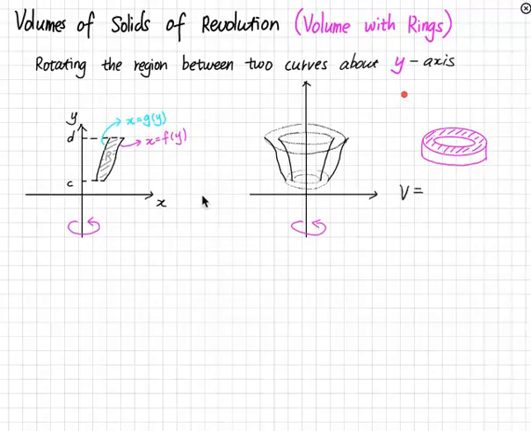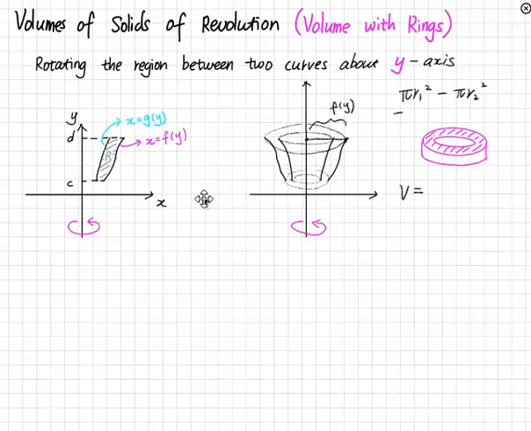The cross section is the big circle area minus the small circle area. The big circle's radius is represented by the horizontal length from the y-axis to the edge of the right-hand side curve, so this is f of y.